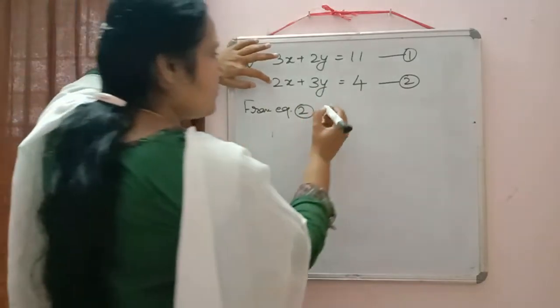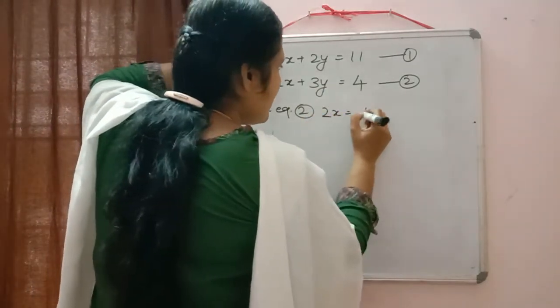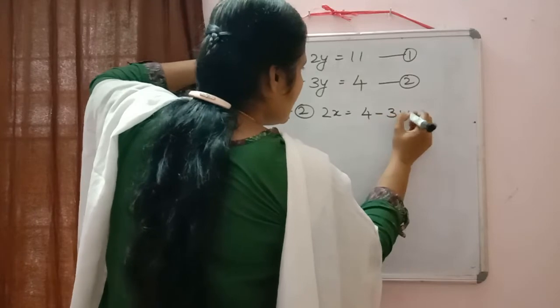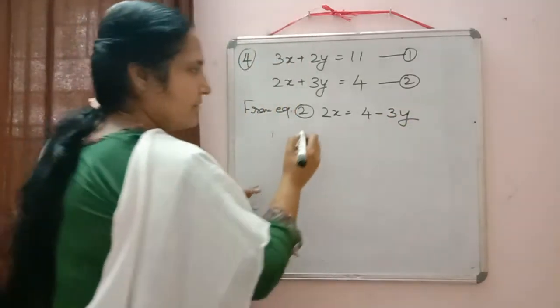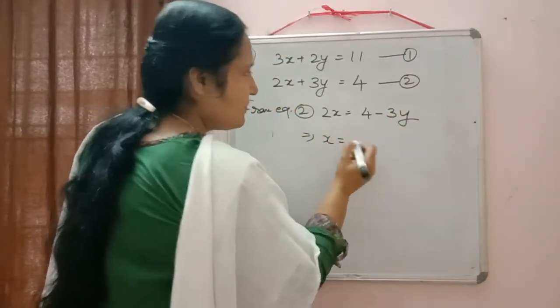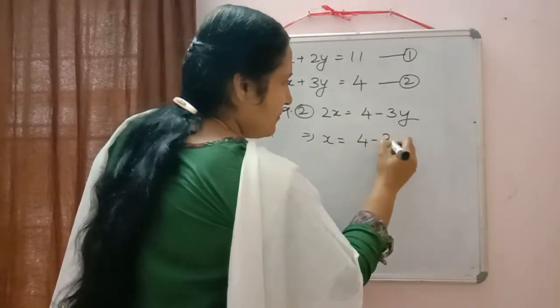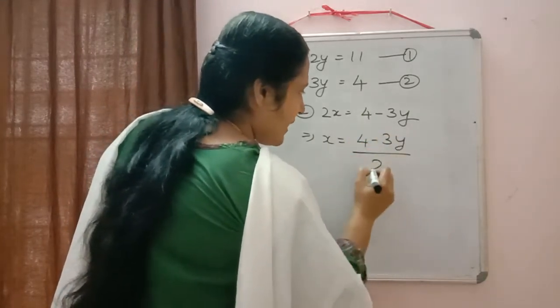So what will come? 2x is equal to 4 minus 3y. Then x is equal to, yes, 4 minus 3y divided by 2.